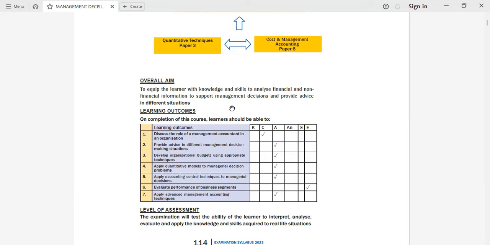So before we go to the level of assessment, let's look at what we expect the learners to acquire at the end of the day if we complete this course. These are the things every learner must have at their fingertips before attempting any paper of MDC.